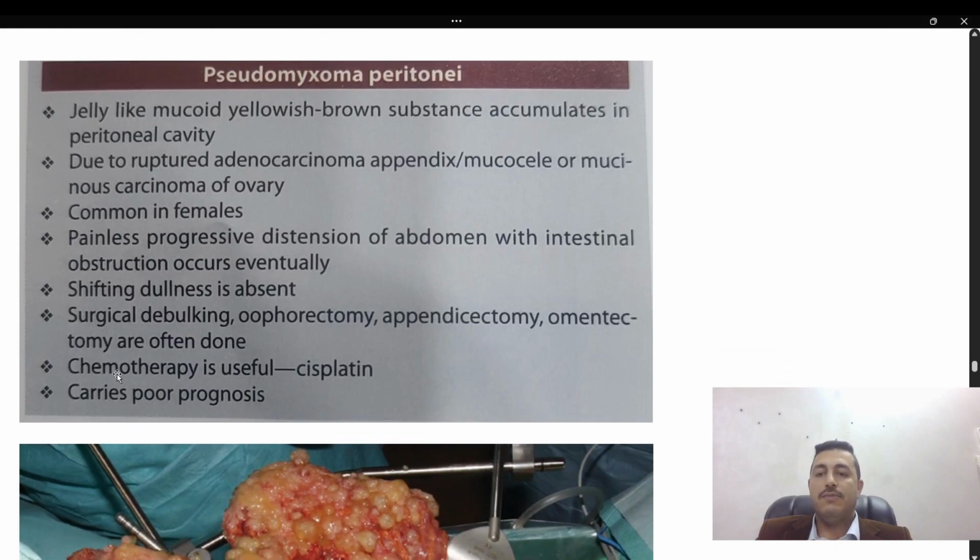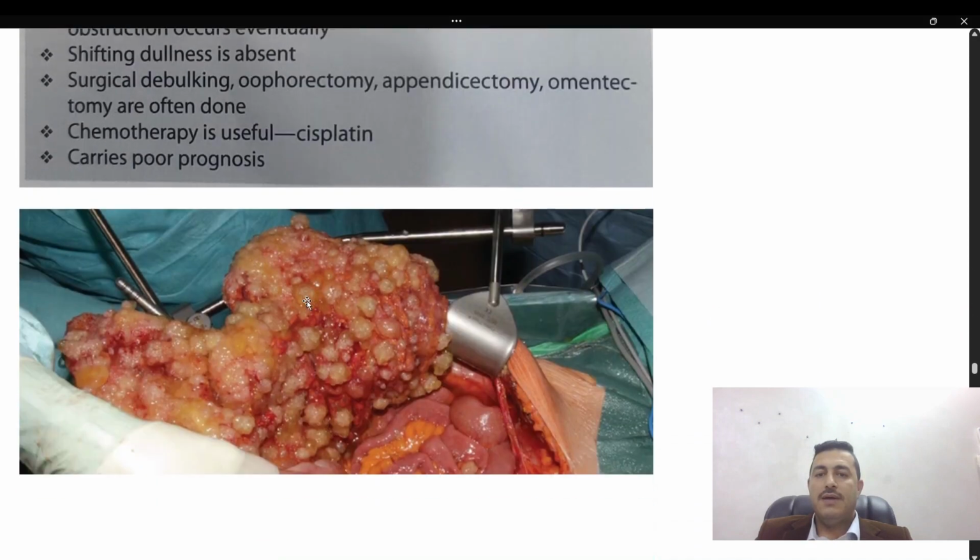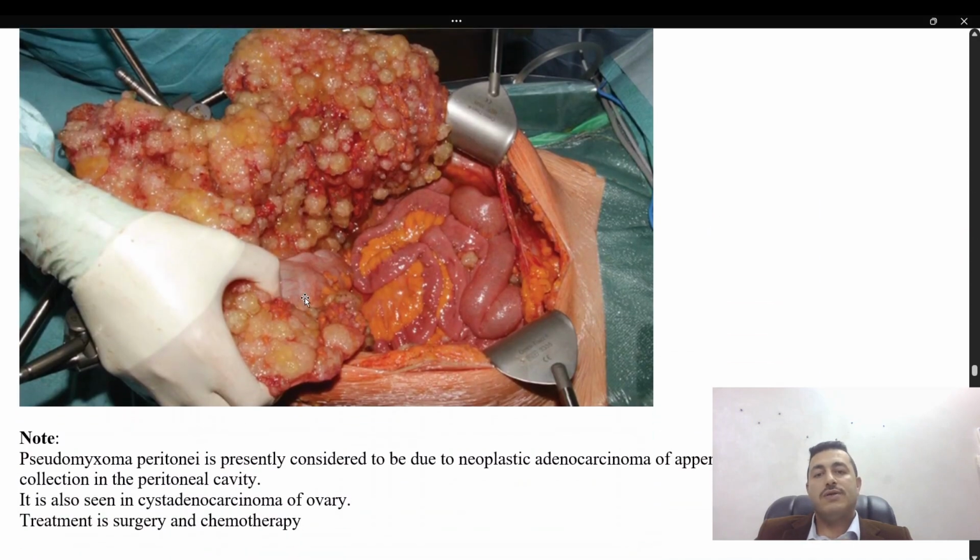Here you can see intraperitoneal chemotherapy in the form of cisplatin is beneficial. Poor prognosis. This is how it looks. You can imagine you should remove all of these, any macroscopic finding, you have to remove it. The more aggressive the resection, the better the survival.